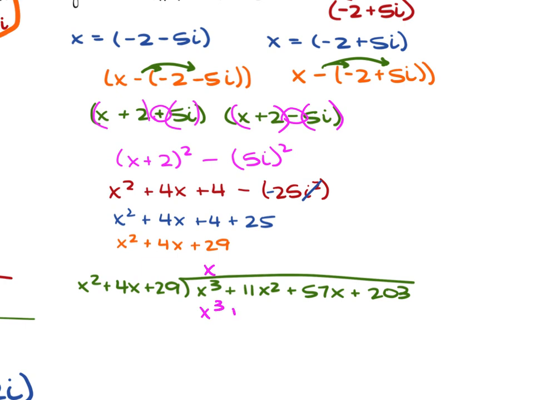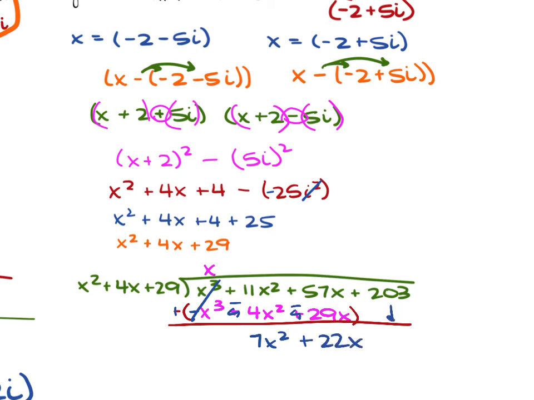We're going to have x cubed plus 4x squared plus 29x. We're going to subtract all of this. We're going to switch our signs. The x cubes cancel. The 11x squared minus 4x squared gives us 7x squared. And the 57 minus 29 gives us 28x. We're going to drop down that 203 as well. And then we're going to start all over again.